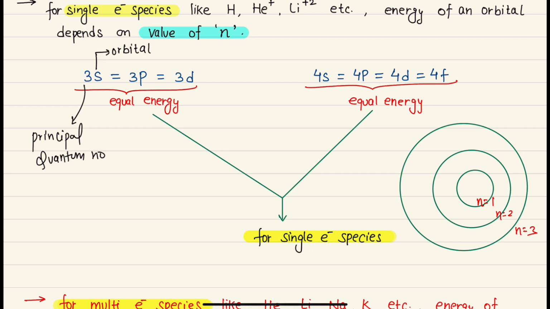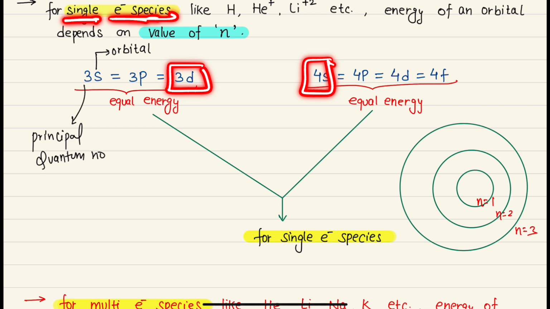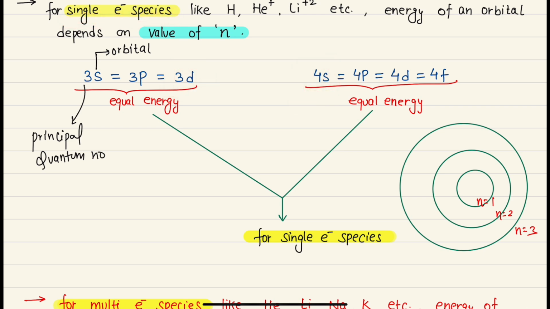But suppose I ask you to compare 3d and 4s for single electron species. In that case 4s will have higher energy. The n value is more, it means the energy is also more. Understood?